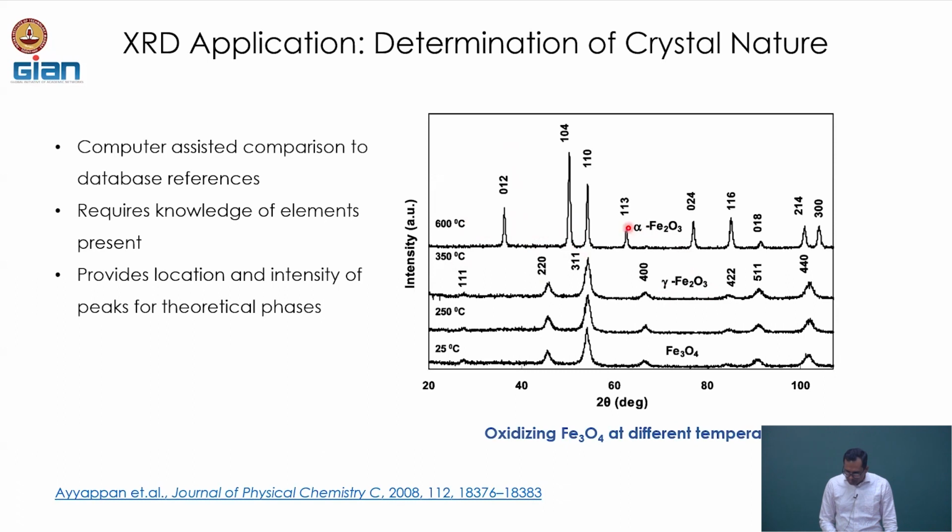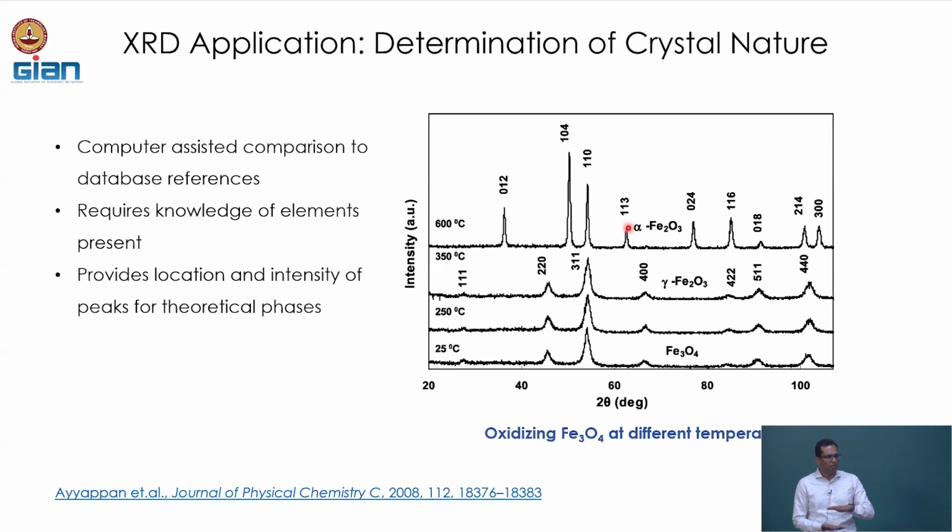Now how are these things done? Typically, for years and years, we have collected several reference materials. For example, we have the magnetite, and the gamma or the alpha phase of the hematite, and the XRD patterns of those reference materials have been collected and stored in a database.